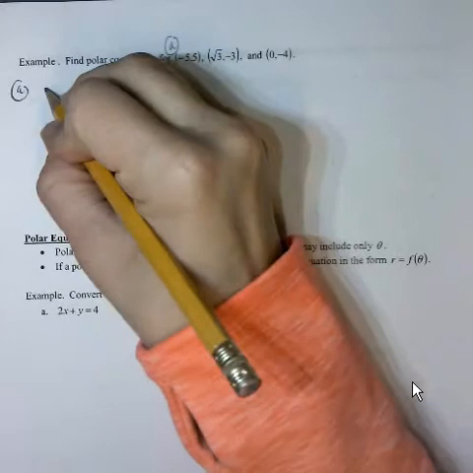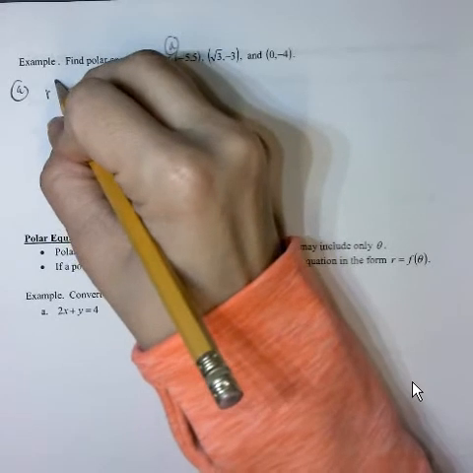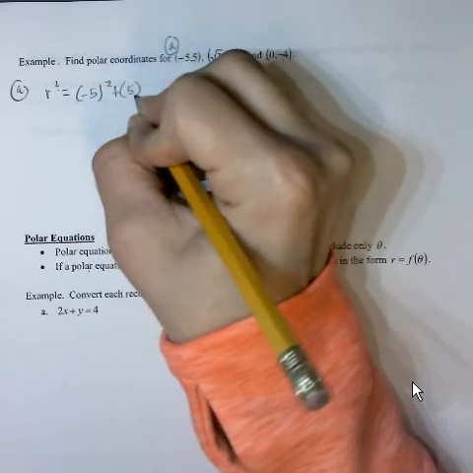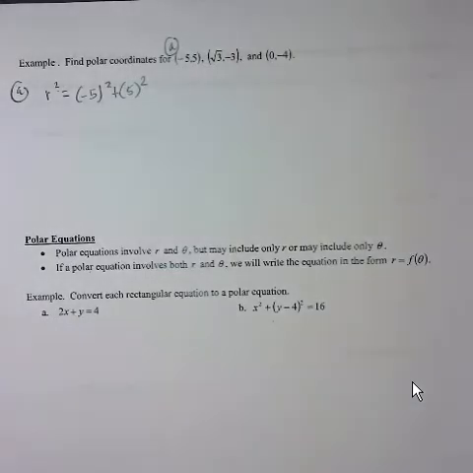r squared is negative 5 squared plus 5 squared. And of course, you're going to take the square root. This is basically the same formula that you use to find the modulus of a complex number, right? There's a lot of similarities with converting a complex number to rectangular form and converting a rectangular coordinate to polar form.